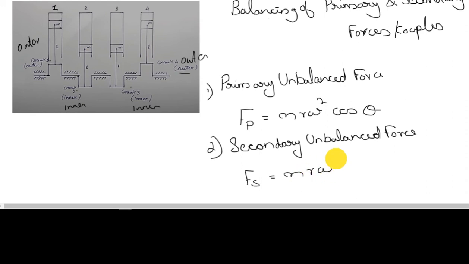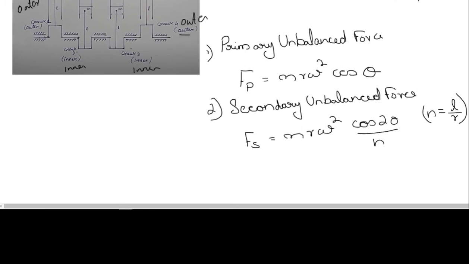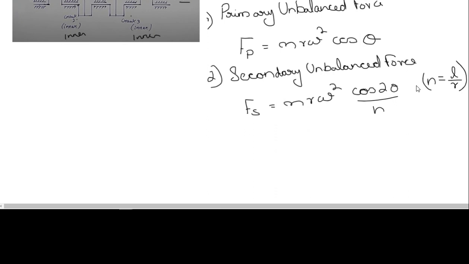It is m r omega square, the only difference is that instead of cos theta, it is cos 2 theta divided by n, where n is the obliquity ratio, or simply n is equal to L by R, connecting rod length divided by radius of the crank. That's all. So this is the obliquity ratio n.